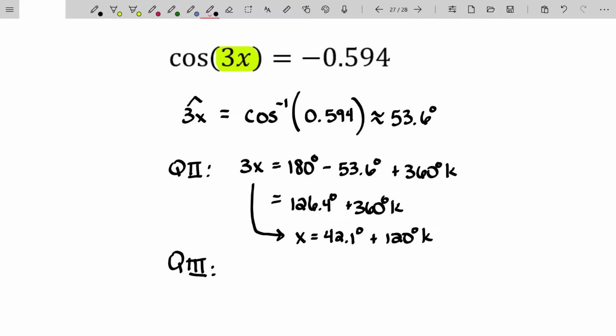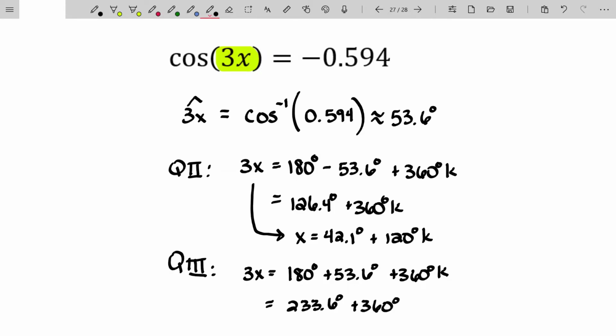Then we do the same thing for quadrant 3. Our angle in quadrant 3 will be 180 plus the 53.6 degrees, and then we have a rotation of 360 degrees thereafter. That is equal to 233.6 plus 360K.